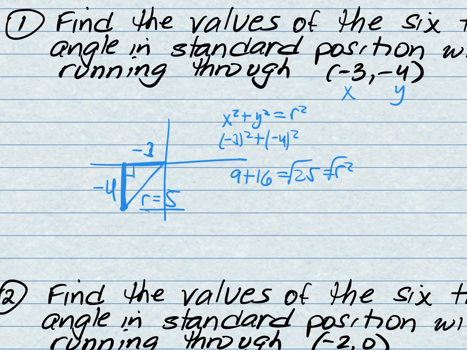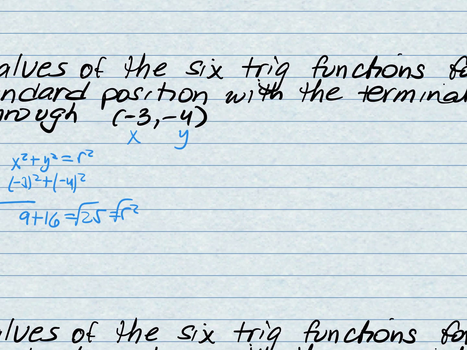R is always going to be positive. It's never going to be negative. The only thing that can be negative is x and y. So now that we have x, y, and r, we can find our 6 trig values. So to find sine, cosine, and tangent, sine, I know that that's going to be y over r, which is going to be -4 over 5.